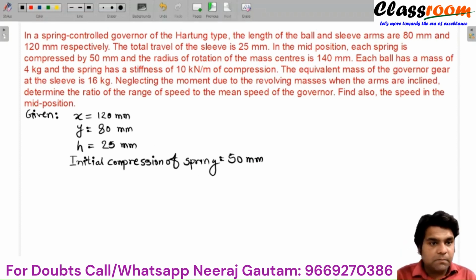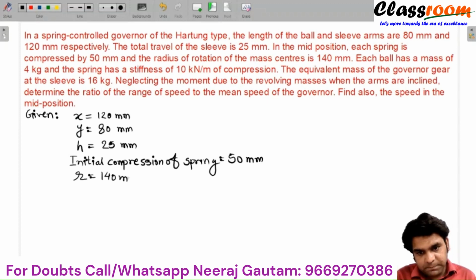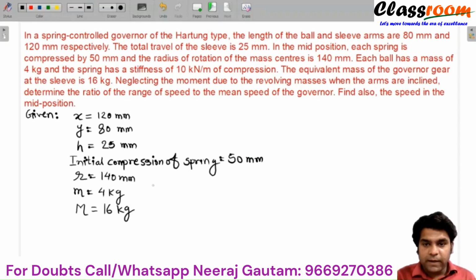The radius of rotation of the ball at the mean position is 140 mm. The mass of each ball is 4 kg. The mass on the sleeve, total, is 16 kg. Okay, so these are the data given in the problem.